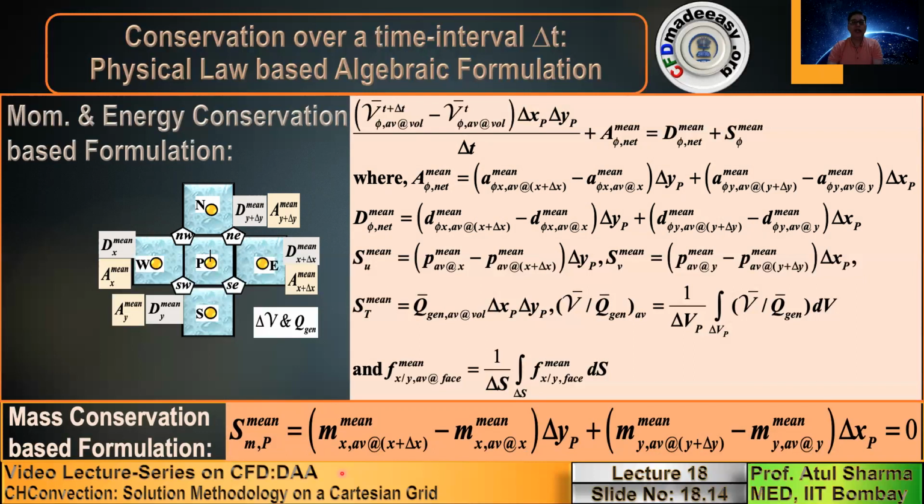Along with the physical law, note that we are using discrete math. When I say discrete math, what I mean is using discrete math over a time interval. When we say we are using a time average, this is the way we are introducing the discrete math.